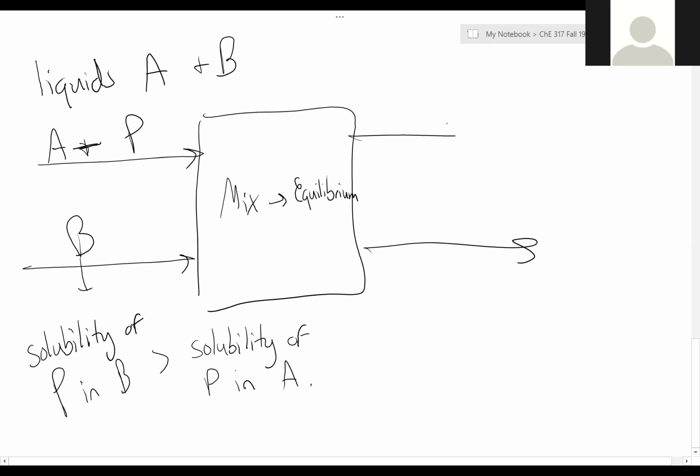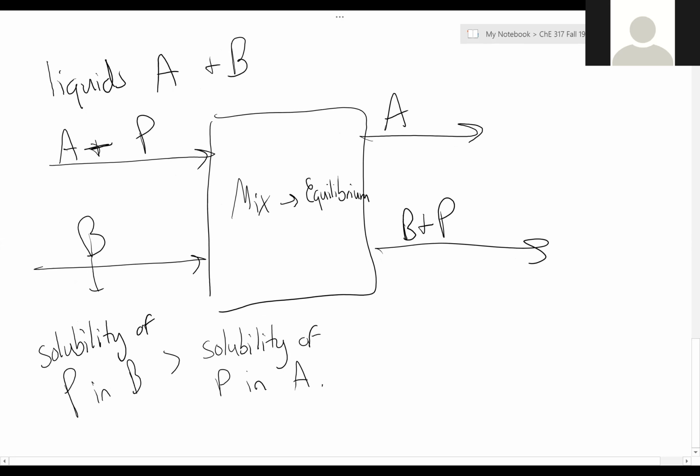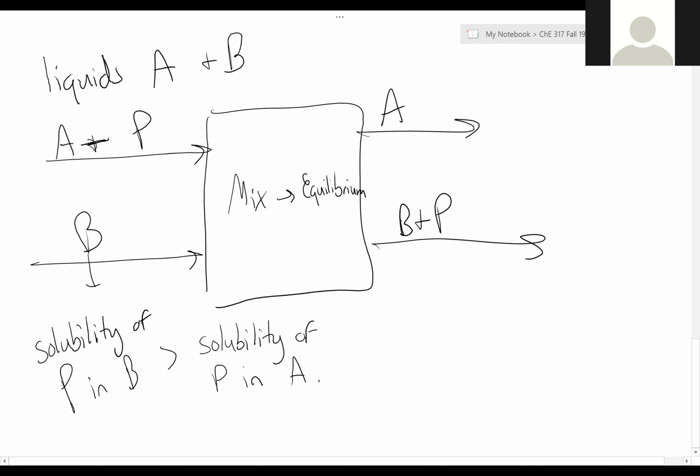we might find a system that when we draw off those substances, we get the majority of our product in the B phase over the A phase. And so we look at this as a form of extracting our product from the A phase by using a solvent, or B. So this is an example of liquid-liquid extraction.